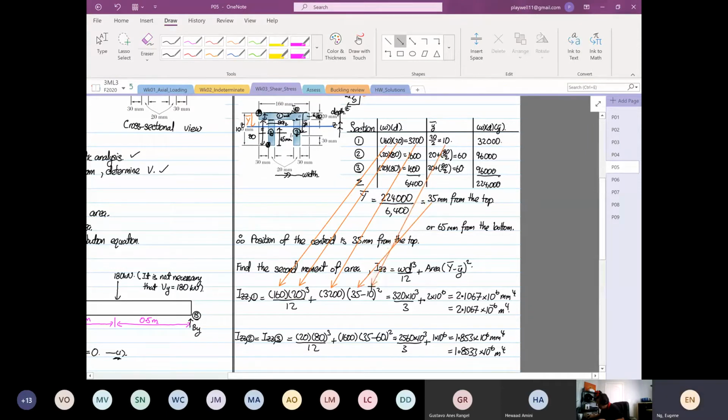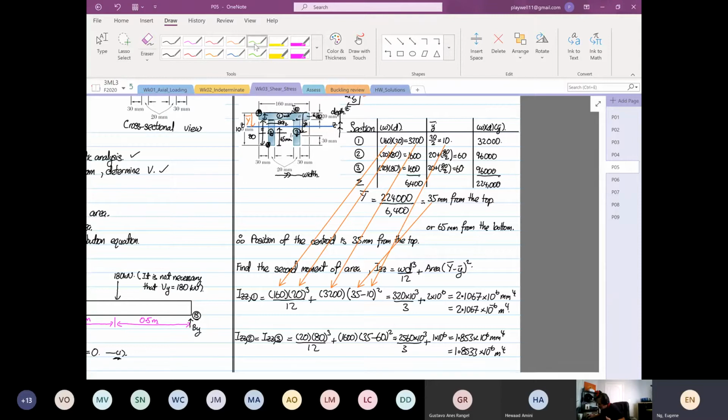I just look at the table. Because of how I've designed the table, you can directly plug in. Why do I do that? Because in your final exam or your term test, I'm going to give everyone a different magnitude for the second moment of area, and this is how I'm going to do my programming.